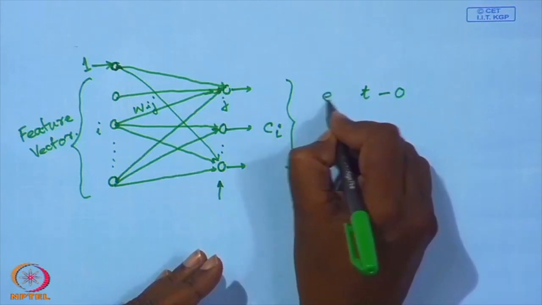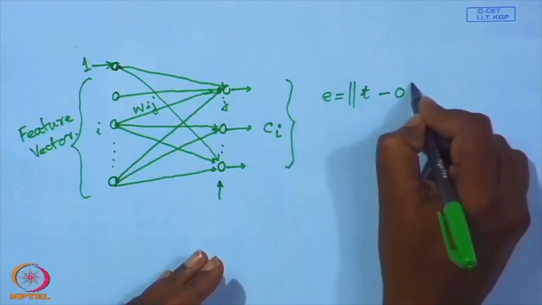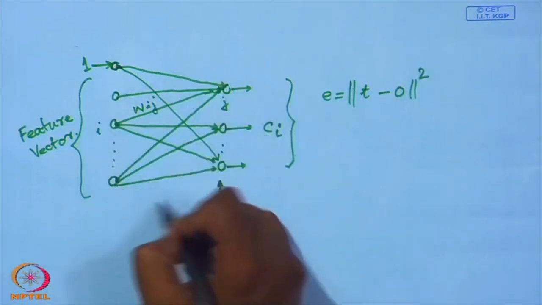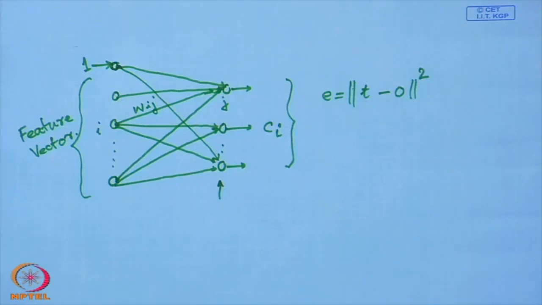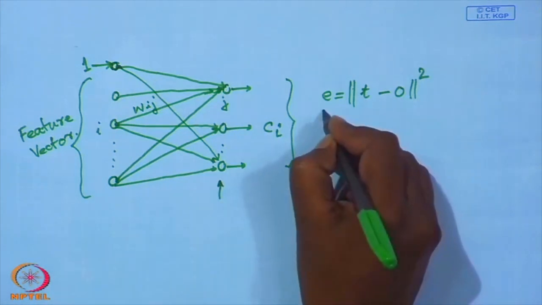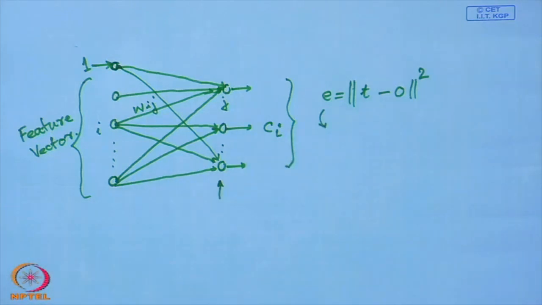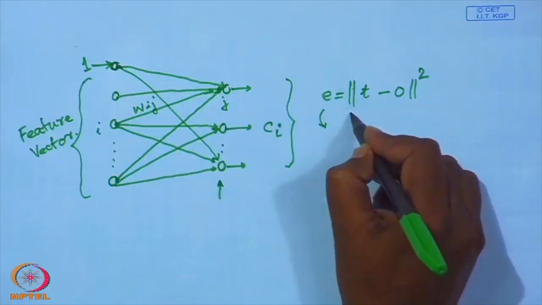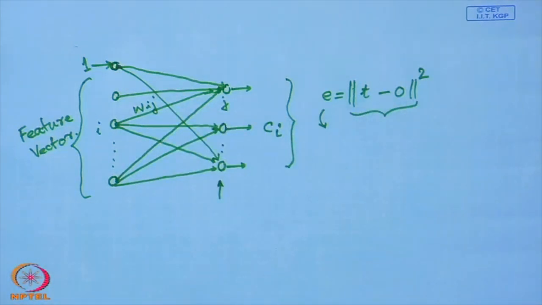So, I have an error E which is equal to the square of this difference. During training of this backpropagation neural network, we tried to minimize this error E by updating these connection weights. So, this was expressed as a function of the set of connection weights w i j, and then through the gradient descent procedure we reduced the error by updating the connection weights w i j.